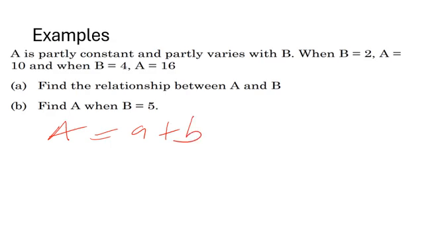In this case, let's say our constant is small b. So A is partly constant and partly varies with B.